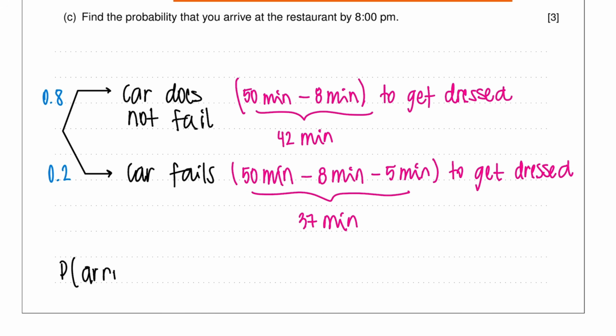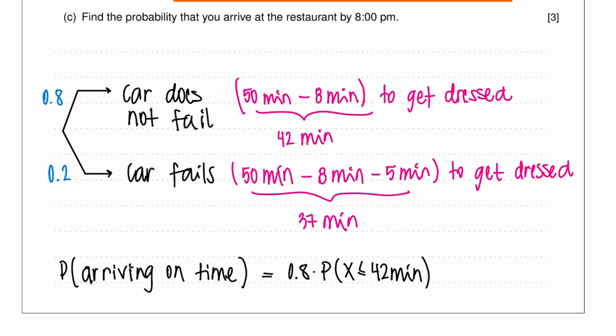So the probability of arriving on time is 0.8 times the probability that your partner takes less than or equal to 42 minutes to get dressed, plus 0.2 times the probability of taking less than or equal to 37 minutes to get dressed.